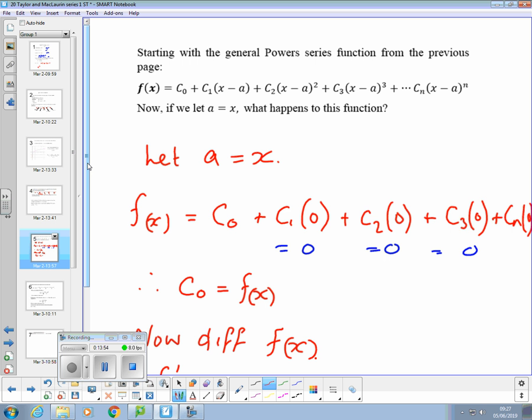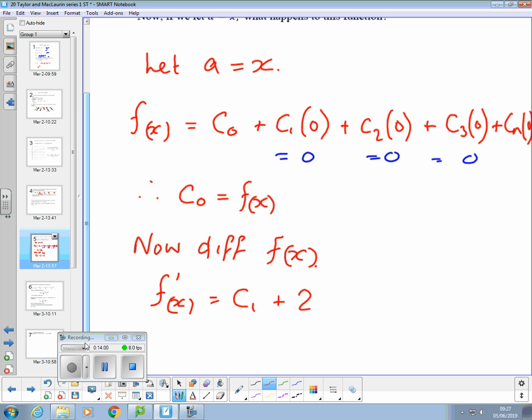So we end up with 2C2 (x minus a), plus, and it carries on, 3C3 (x minus a) squared, and so on. Everybody see where that comes from?